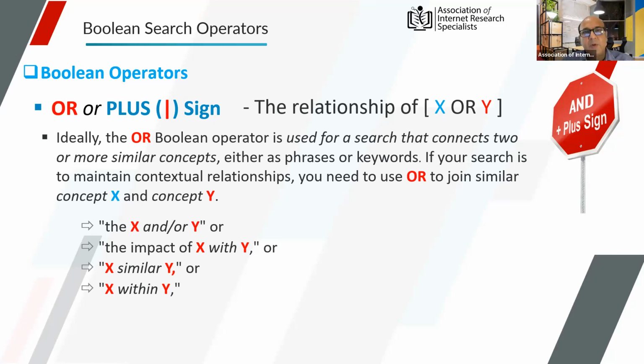So don't use OR for terms that could be totally different or would have a different sense or a different meaning, because ideally the objective behind it is to look at it from the point of view of how the relationship exists.